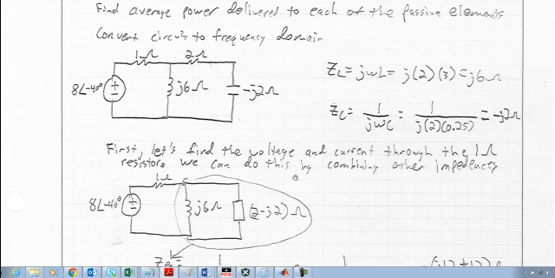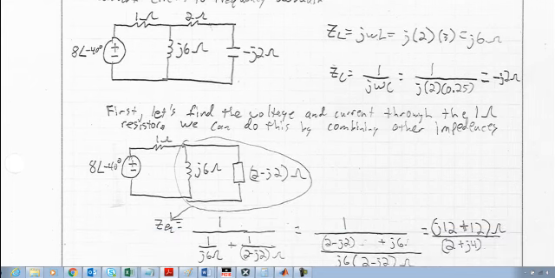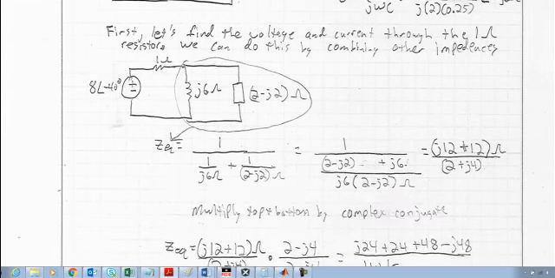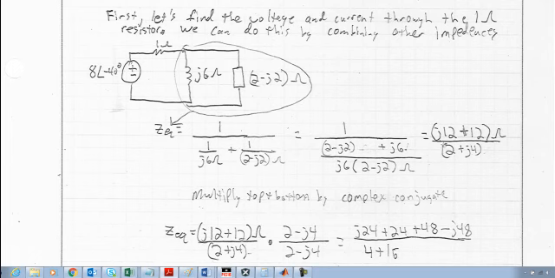Then what I'm going to do is find a parallel combination of the j6 ohms representing the inductor and the 2 minus j2 ohms representing the series combination of the capacitor and the 2 ohm resistor. And what I'm going to ultimately find is that that equivalence is given by just 1 over Z1 plus 1 over Z2.